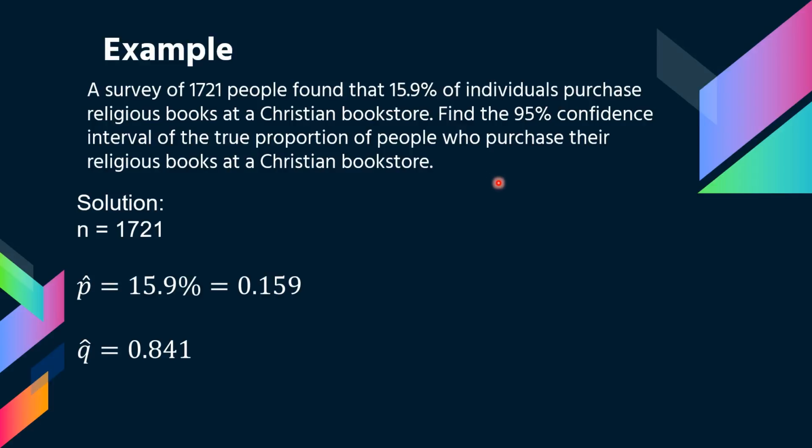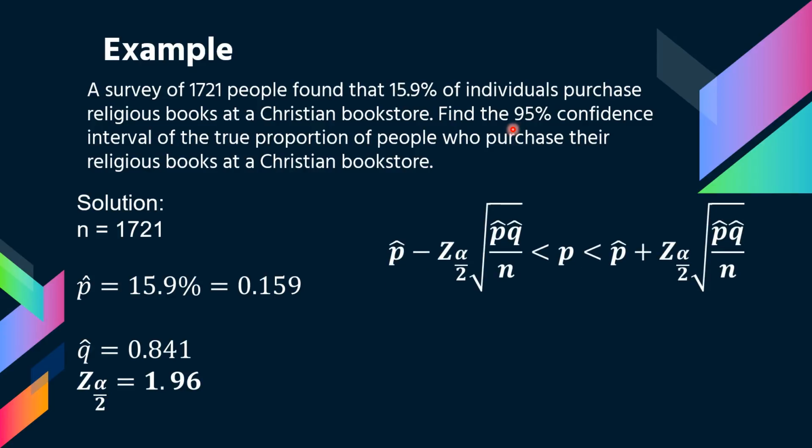And since it is 95% confidence interval, our Z is 1.96. Okay. We already have our data to be substituted in our formula.